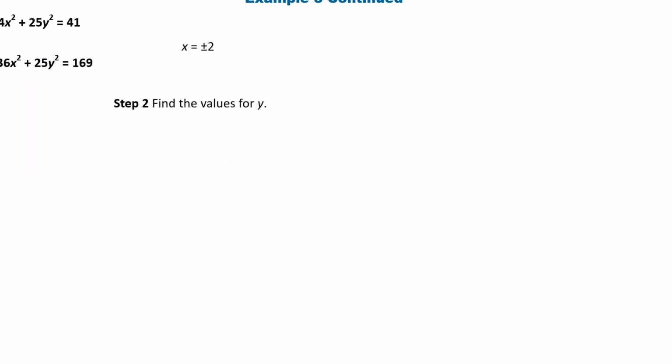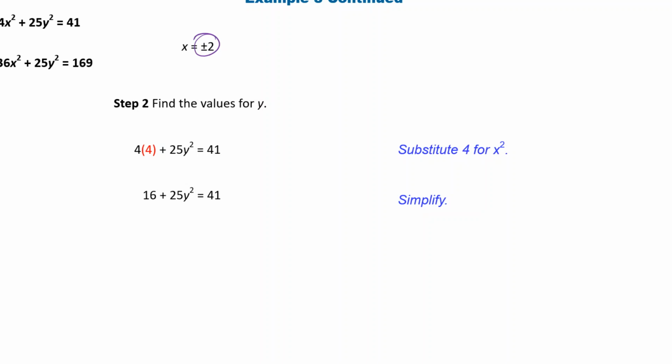So next, knowing that x equals plus or minus 2, we're going to find the values for y. And all we have to do is just substitute 4 for x squared because x squared, 2 squared, is 4. All right, and so plugging that in, and then we just have to simplify.